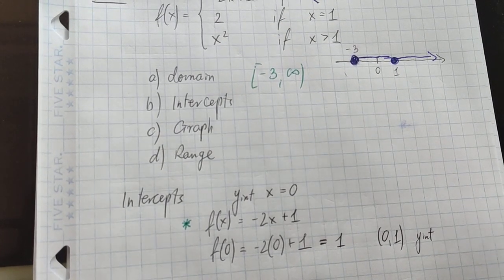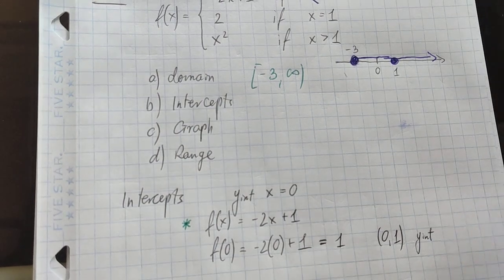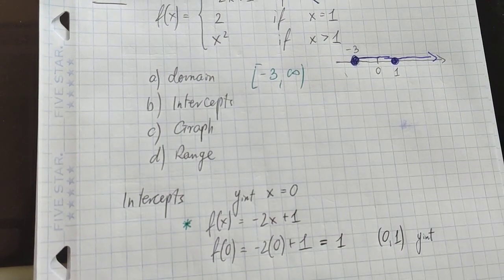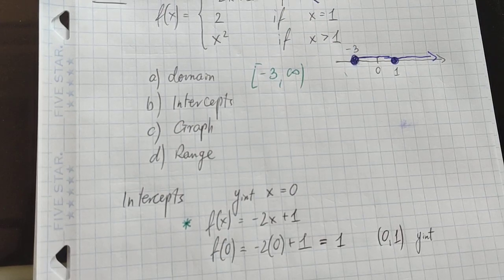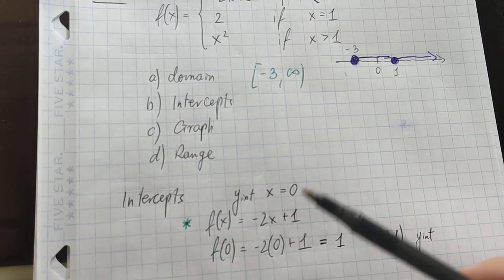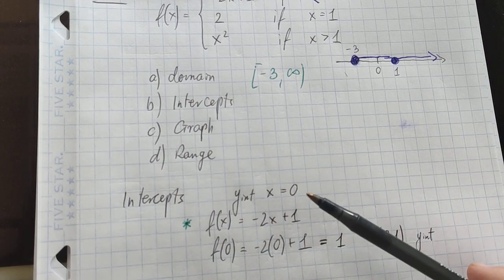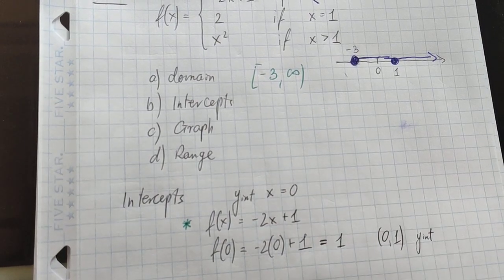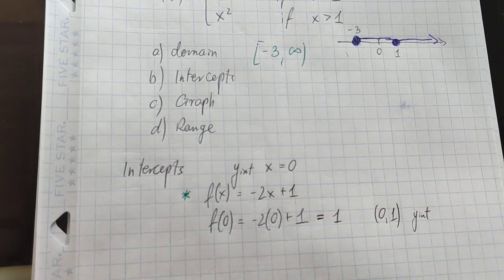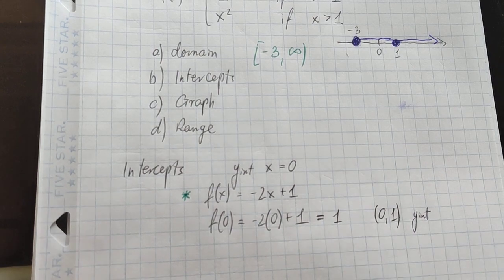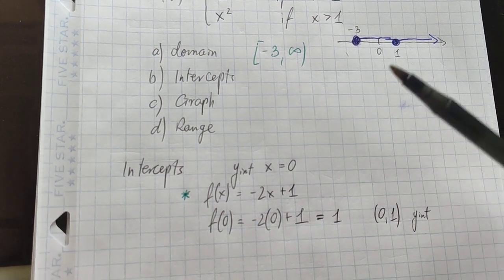For the second function, how should we do this? Let's do just the y-intercept for the first function. Well, you guys should know that a function can only have one y-intercept. But anyway, let's see what happens.